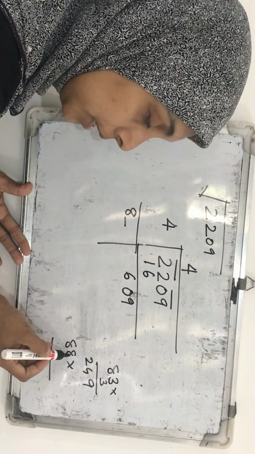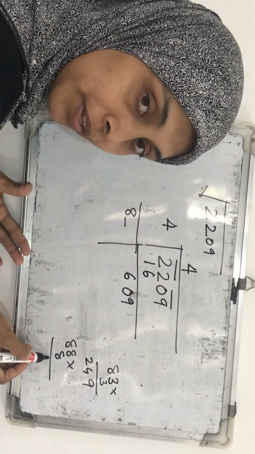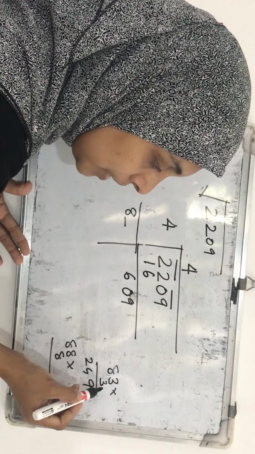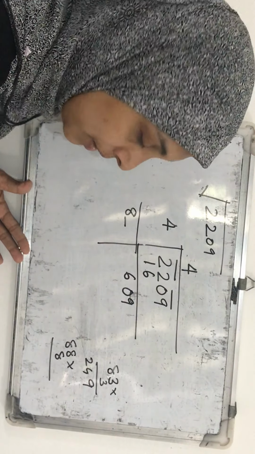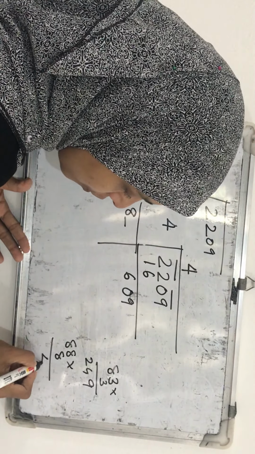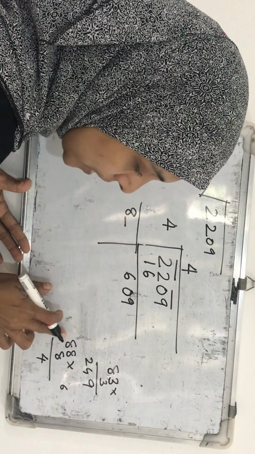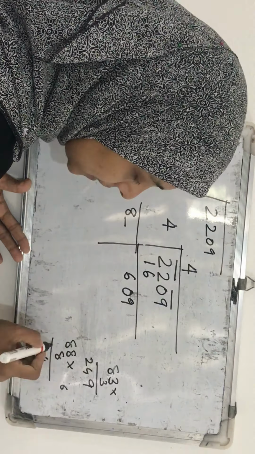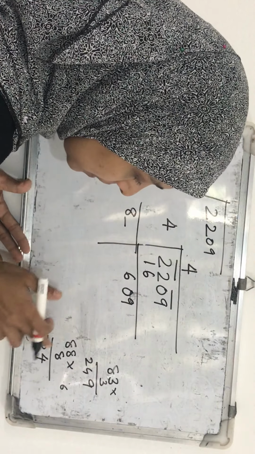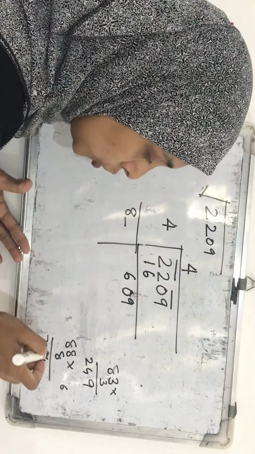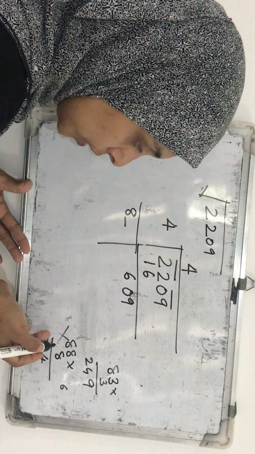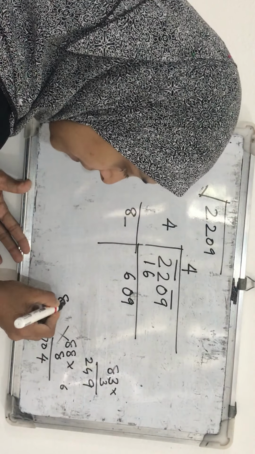If we take here 8, then we should multiply with 8. If we write here 3, then we should multiply with 3. So 8 into 8, 64, balance 6. 8 into 8, 64 plus 6, 70 will get. But it is greater than 609, so it is not possible. So here 87 we can take.